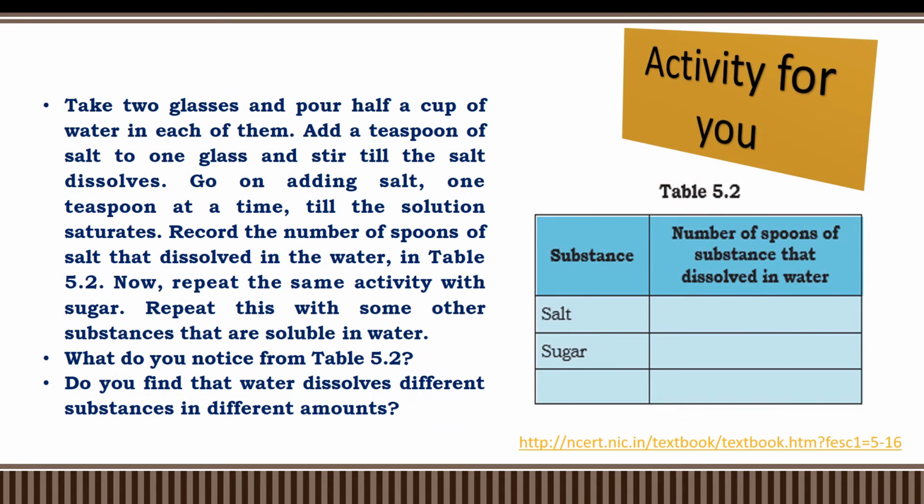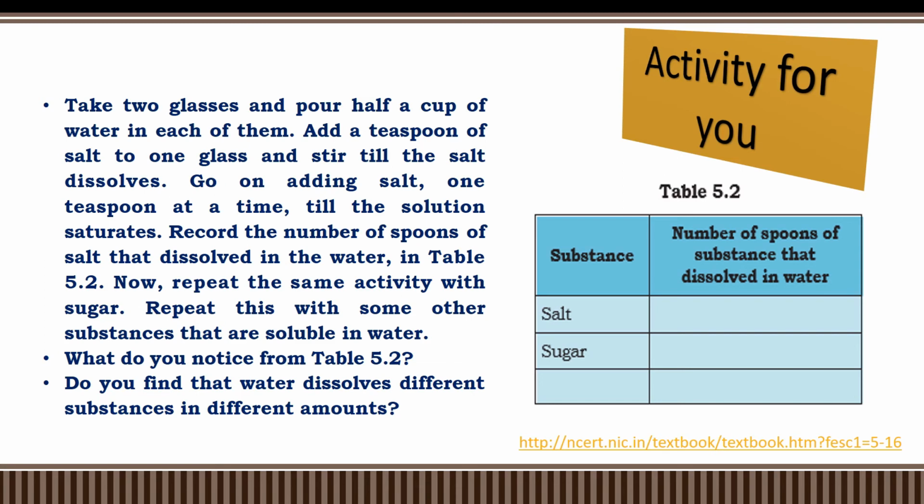Now this is an activity for you. Take two glasses and pour half a cup of water in each of them. Add a teaspoon of salt to one glass and stir it till the salt dissolves. Go on adding the salt one teaspoon at a time till the solution saturates. Record the number of spoons of salt that you dissolve in the water as shown in table 5.2.